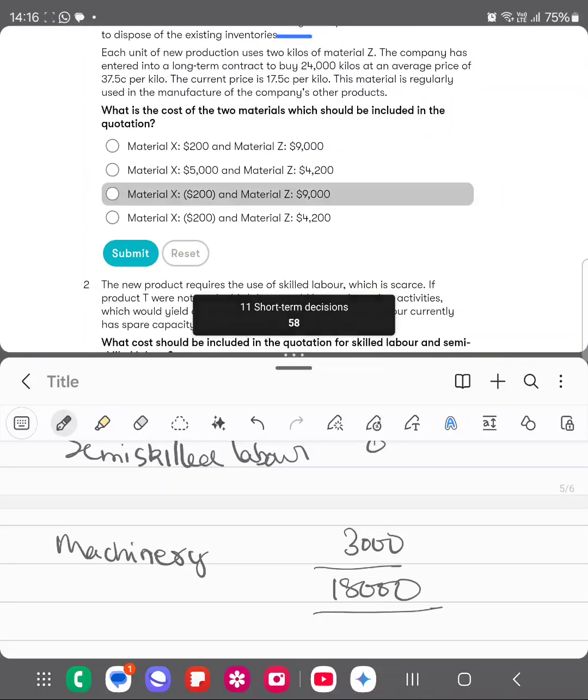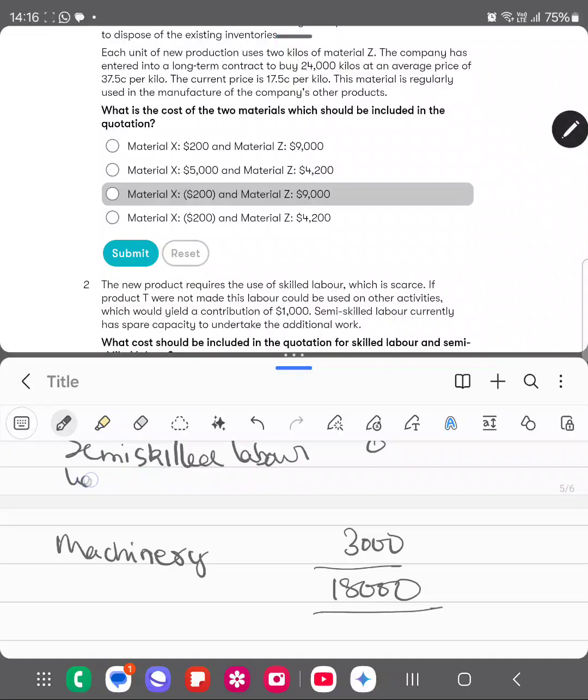There were variable overheads as well, so we should include the variable overheads. I did not see that in the question, and it should be 18,000 plus 3,600, and that would give me 21,600.